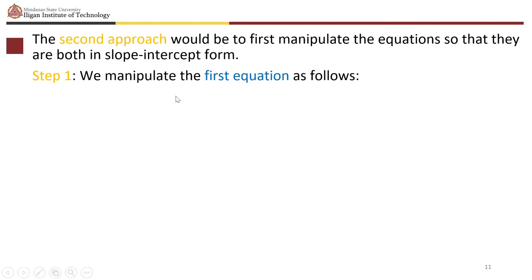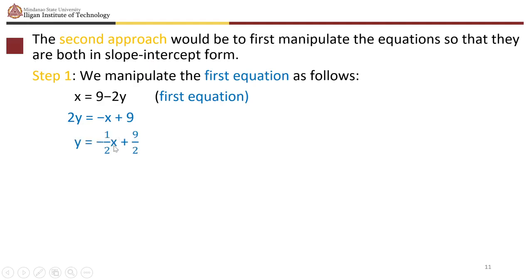So what do we do to get the slope-intercept form? We rewrite the first equation. If we have x equals 9 minus 2y, we can divide both sides by 2 and come up with y equals negative 1/2 x plus 9 over 2. This is now of the form y equals mx plus b, your slope-intercept form.